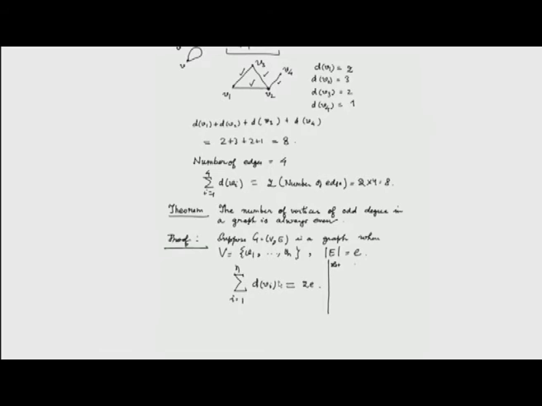Now, let us write over here, let V odd be the set of vertices with odd degree and V even be the set of vertices with even degree.